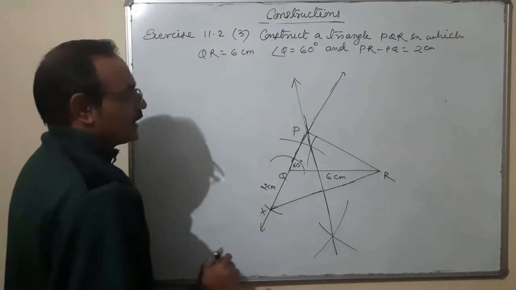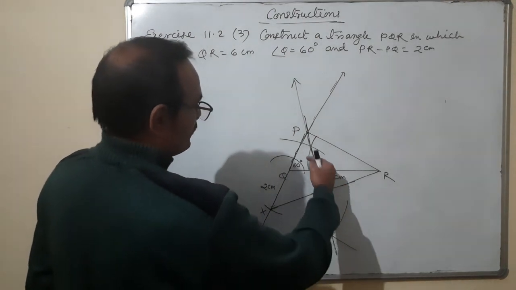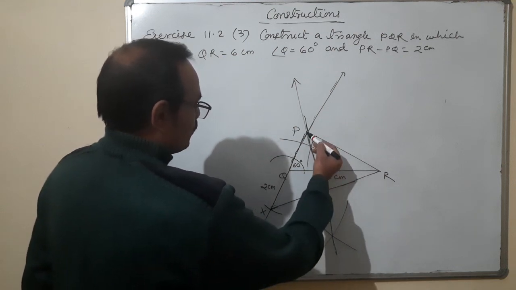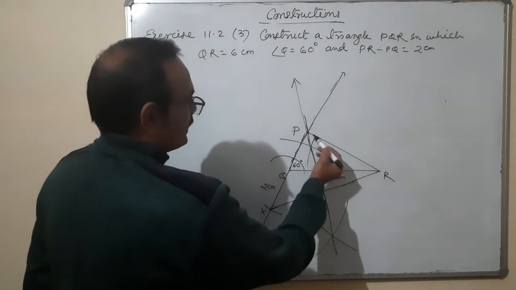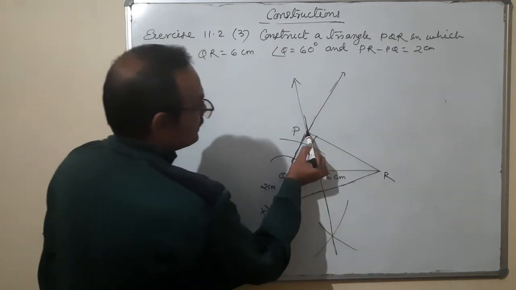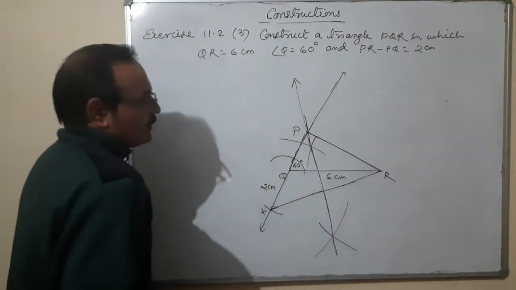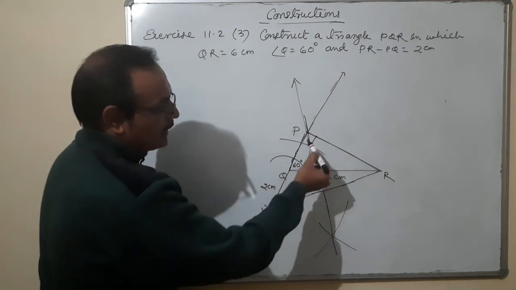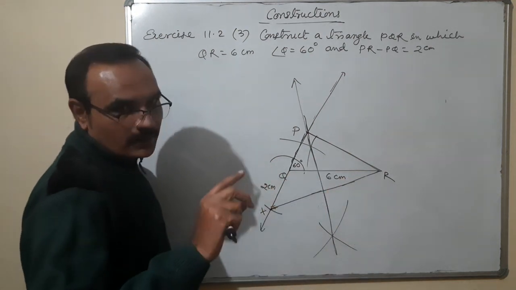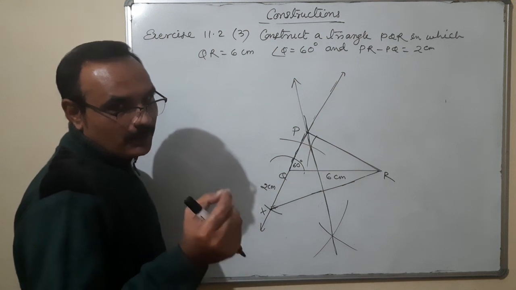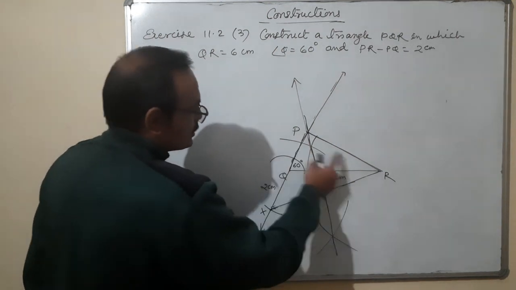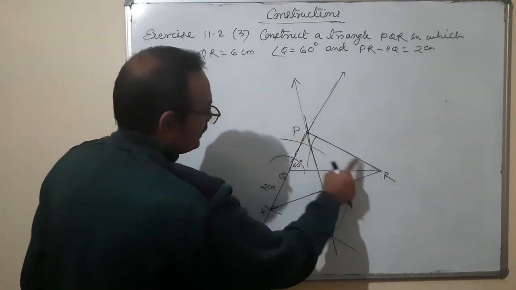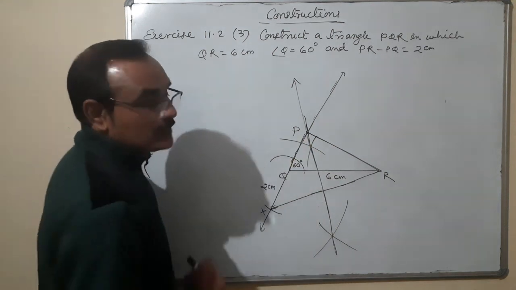PR and PX will be seen as exactly the same, though the diagram is not clear. When you make a proper measurement using a proper compass and scale, you can see that PR and PX are equal, so PR minus PQ is equal to 2 centimeter.